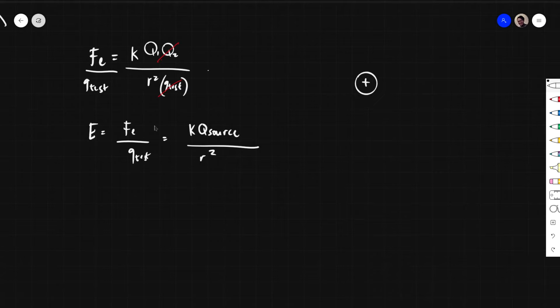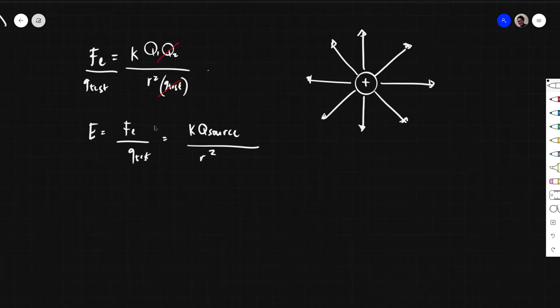Let's say we're going to define the electric field of a point charge that has a positive charge, or a source. Then I'm going to place a test charge somewhere here, on this point, let's say a positive point charge.